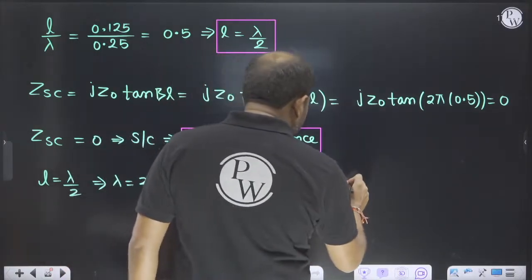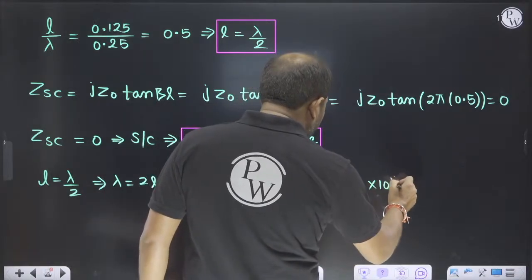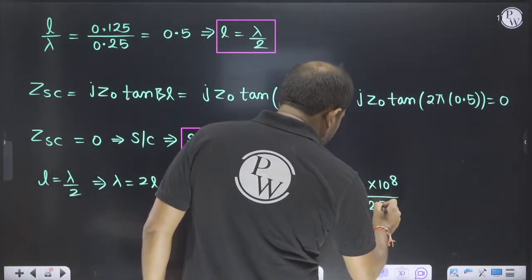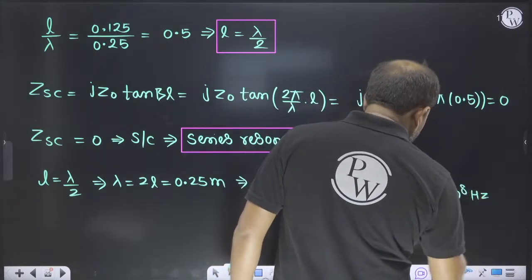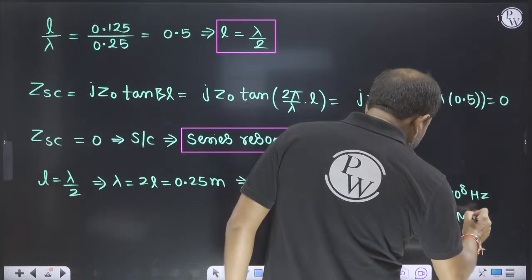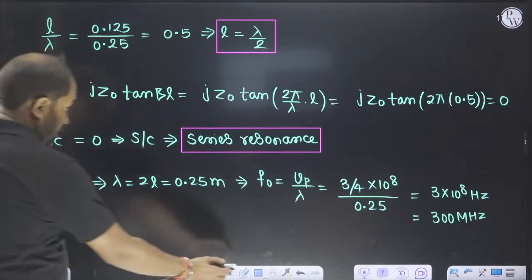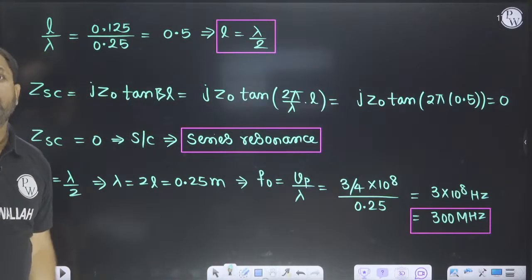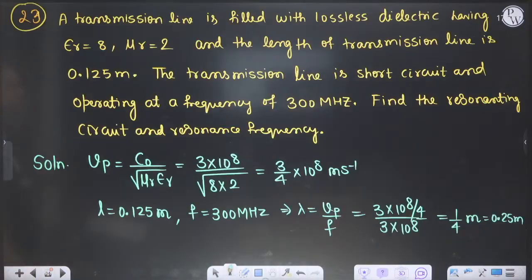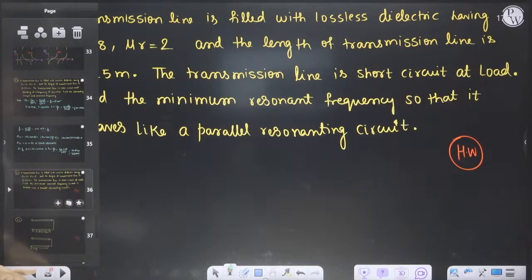Vp is 3 by 4 into 10 to the power 8, divided by 0.25 meter, so it will be 3 into 10 to the power 8 hertz, that means 300 megahertz. So we have calculated the resonant frequency and also the resonant condition. The resonant condition is series resonance and the resonant frequency is 300 megahertz.